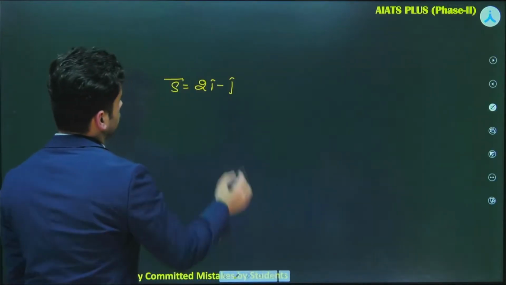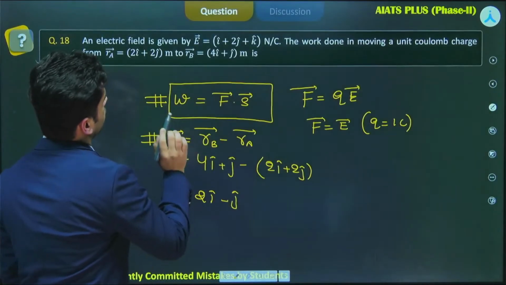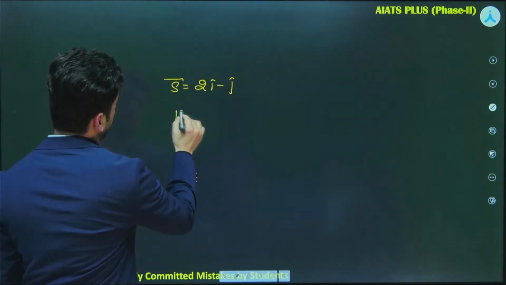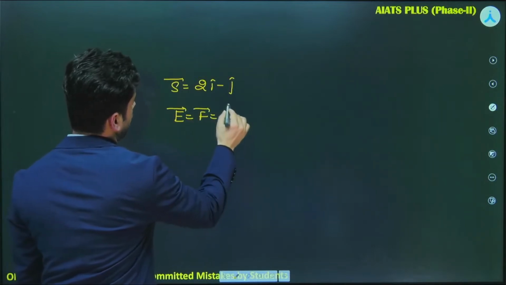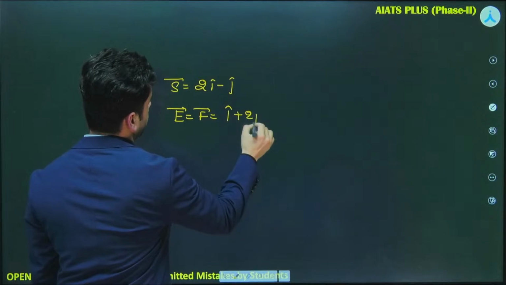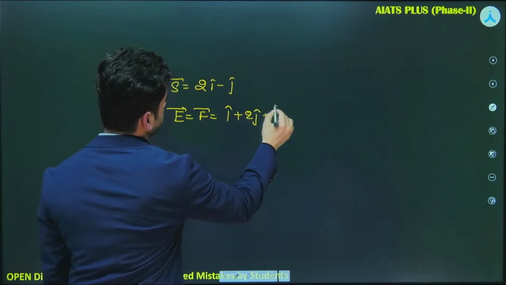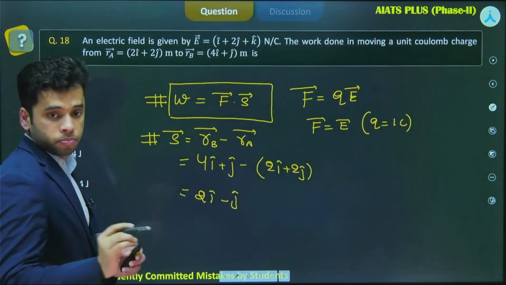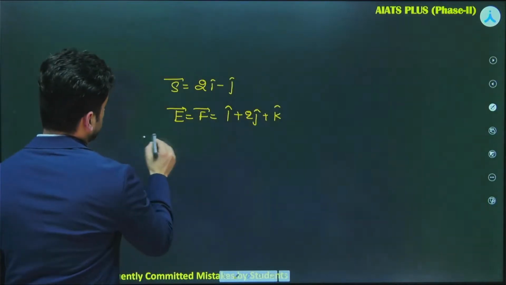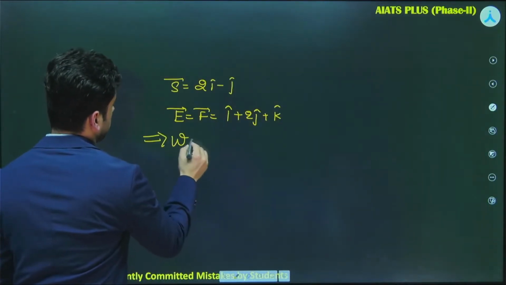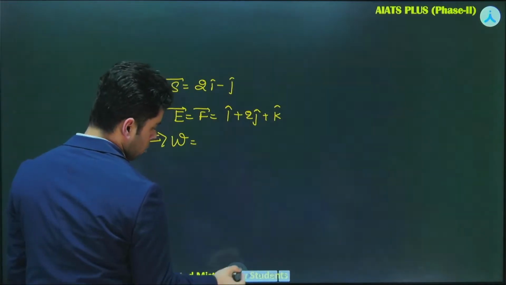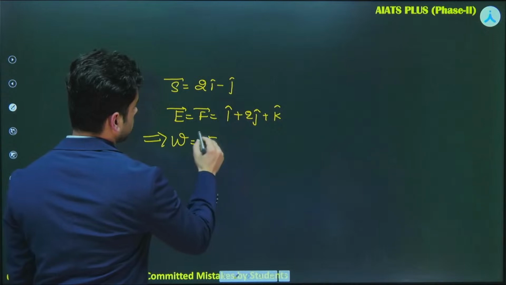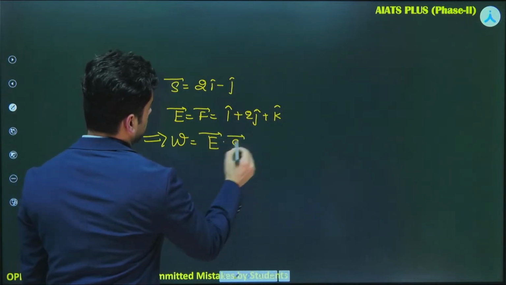So we need to find S vector and E vector. E vector, that is equal to F vector, is equal to i cap plus 2j cap plus k cap, right? So for work done, we just need to do E dot S. So E dot S, I'm doing it.